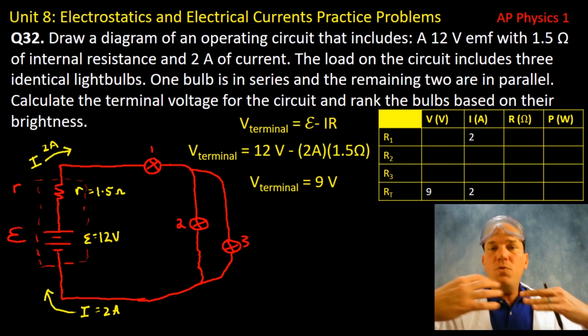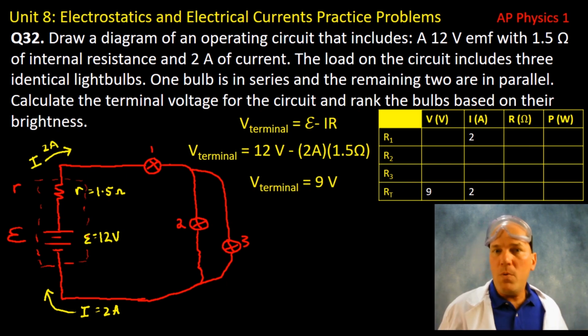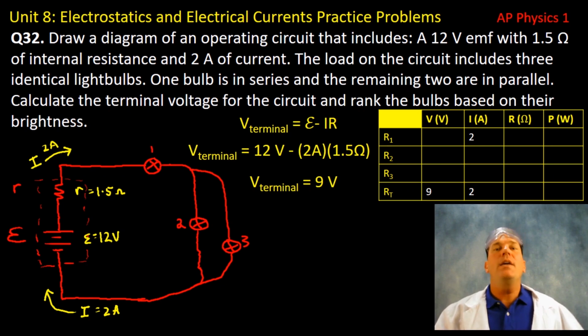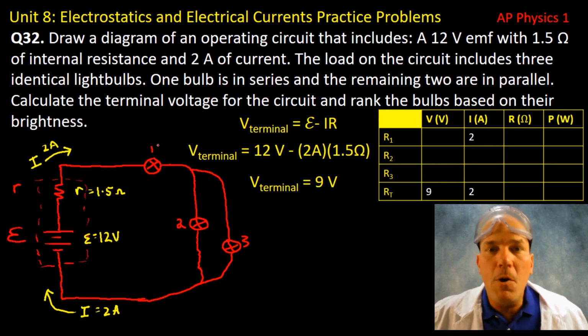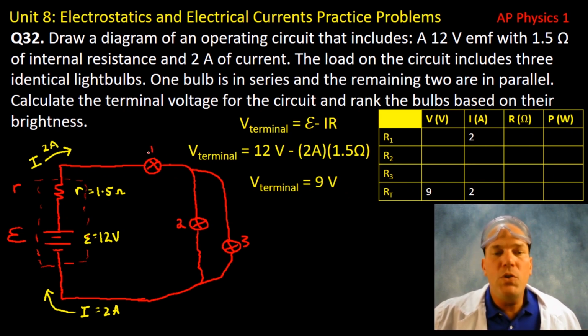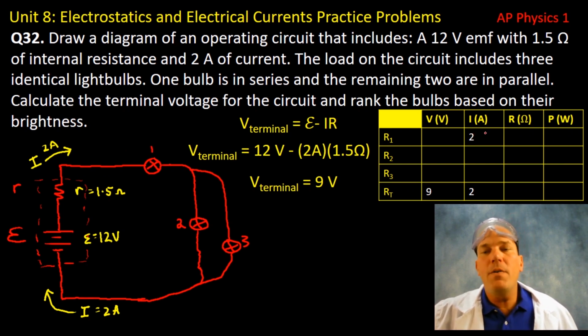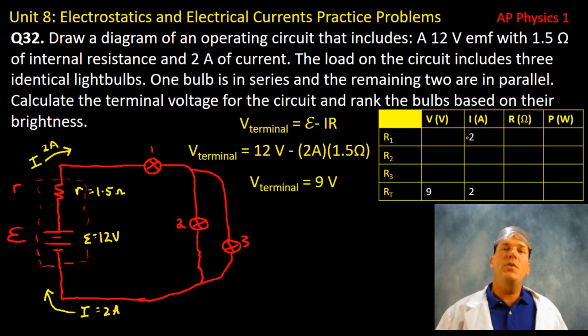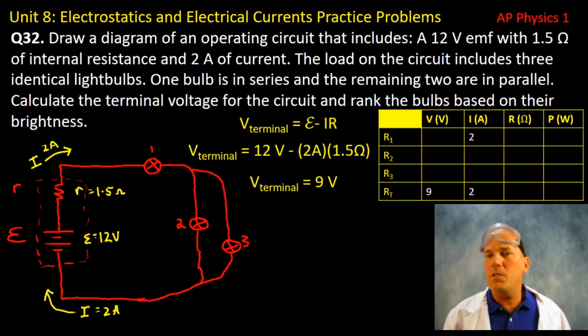So we also know that for any series component of a circuit, the current is going to be equal to the total current. Well, that's what's happening here with light bulb 1. So all 2 amps are going to be going through light bulb number 1. That's why I've put 2 amps in for R sub 1, which represents that first light bulb.